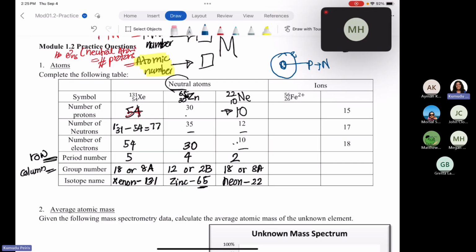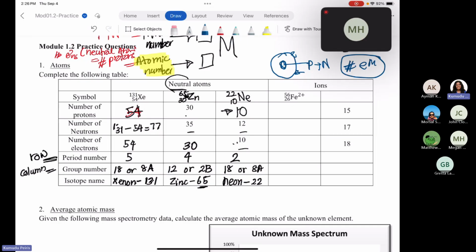So when an ion is formed, electrons will be lost from these outside energy levels, or electrons will be added to them. So what I was trying to say is, when an atom is changed to an ion, only the number of electrons will change. It cannot change the number of protons or neutrons.